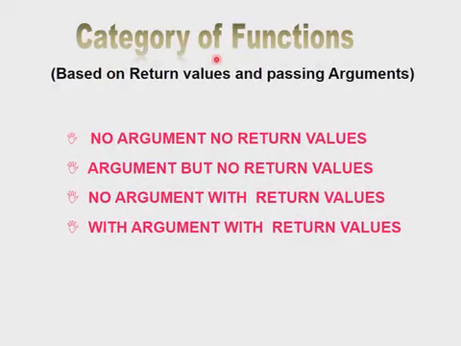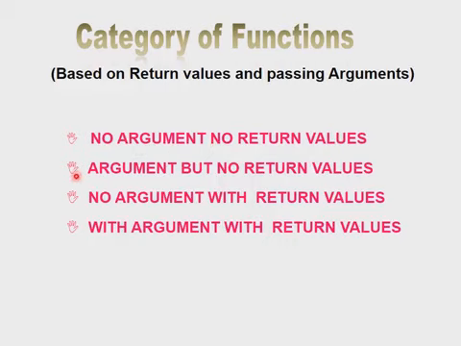Now we will see different categories of functions. It is based on the return values and passing arguments. So how we can pass the arguments and how we return the values from the different functions. There exist four different categories of functions. First category is no arguments and no return value. Just as we have seen in the user-defined function hi, that has no arguments and does not return any values. Then the second category is functions which have arguments but do not return any values.